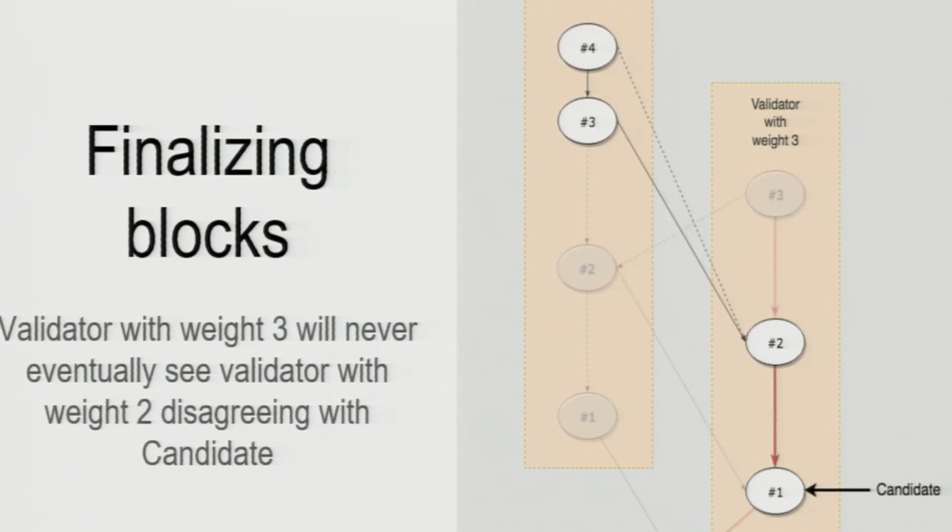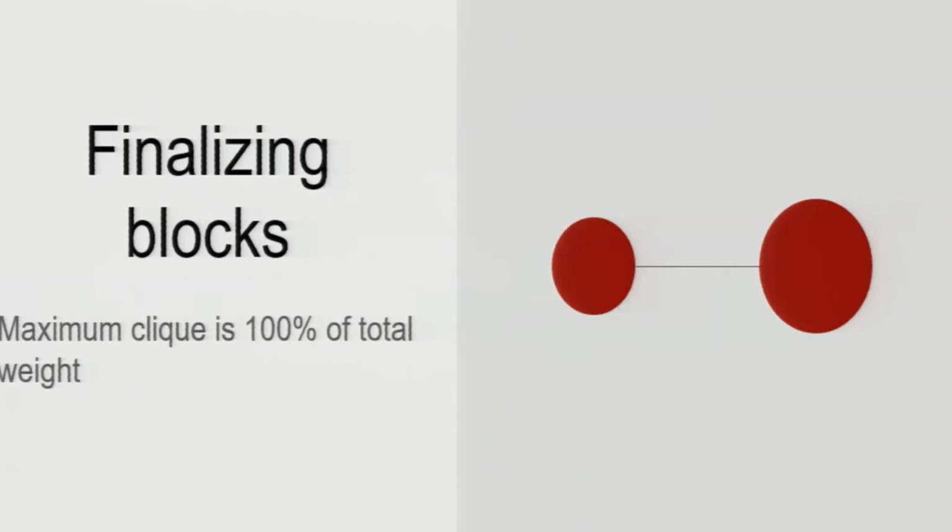And if we look at the reverse, we want to look at all the blocks above number 2 in the left column. And again, these blocks also lead back to the candidate. And so that means that we're allowed to draw an edge between the 2 vertices that represent both validators.